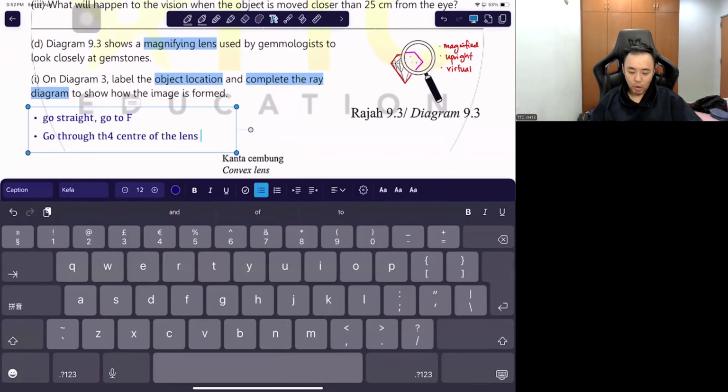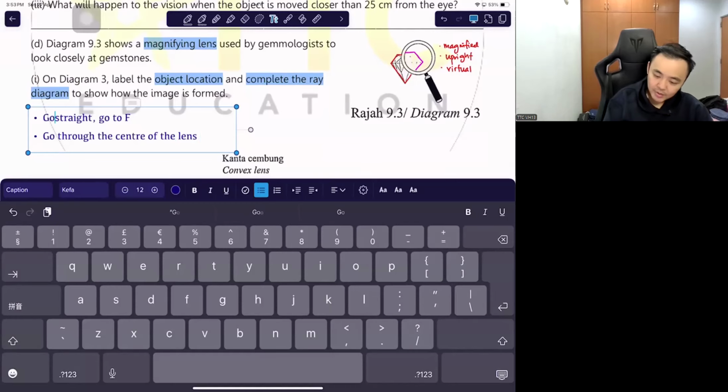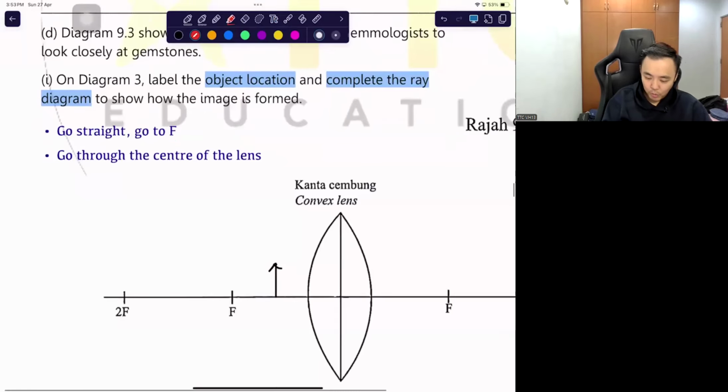So two drawings. First, you go straight and then you go to F. Why do we do this? This go to F drawing method is actually meant for converging. Why do you go to F? Because your convex lens is converging.